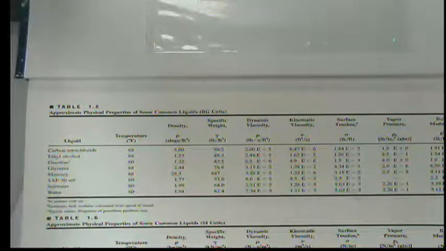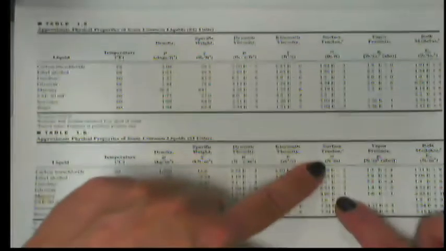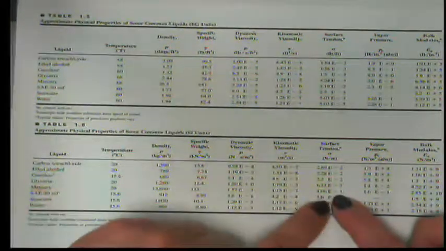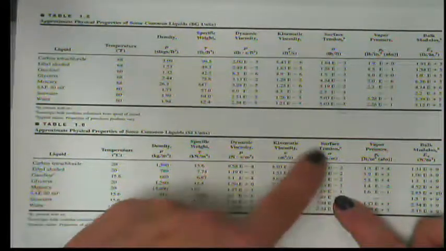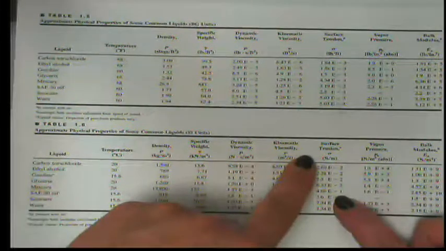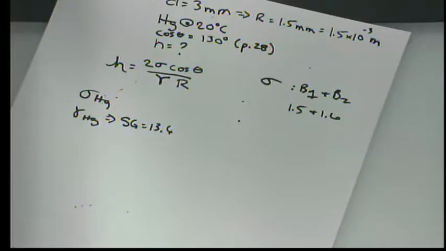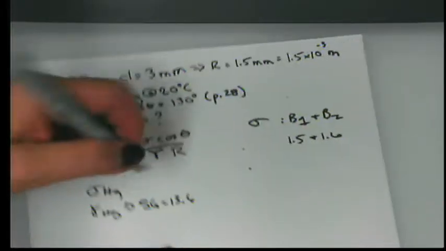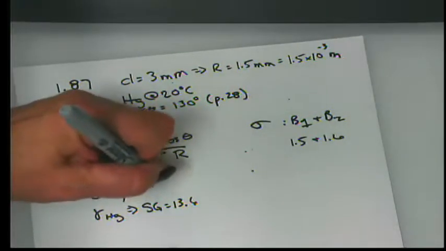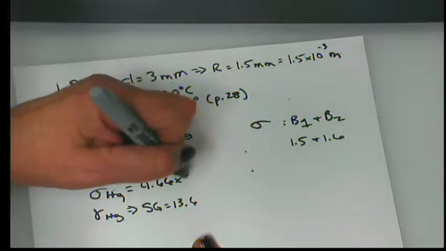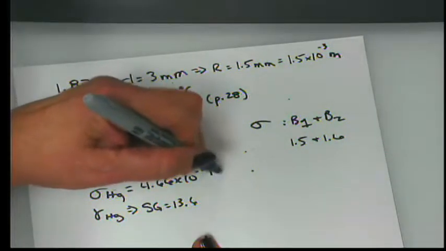Surface tension, I'm given a value of 4.66 times 10 to the minus 1 in units of newtons per meter. So that's on the inside front cover of your book. My surface tension of mercury is 4.66 times 10 to the minus 1 newtons per meter.